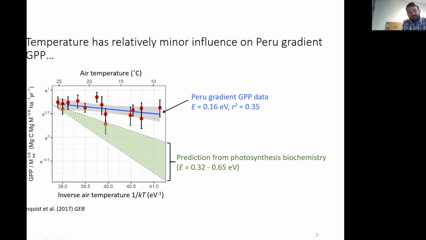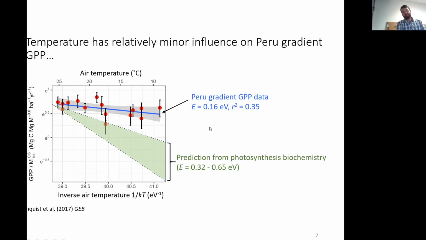And we can see then that, as we move up the gradient or down in air temperature from right to left, we see that this biomass corrected production rate declines a little bit, but it's much less than we predicted for the biochemistry of photosynthesis, which we would expect then this line and all of these points to fall somewhere within this green area.